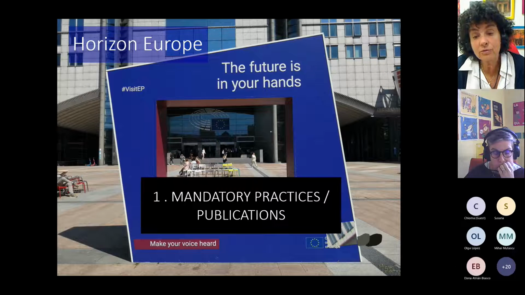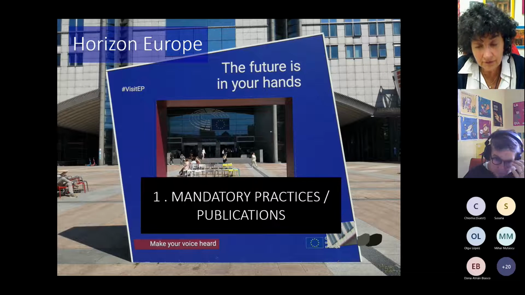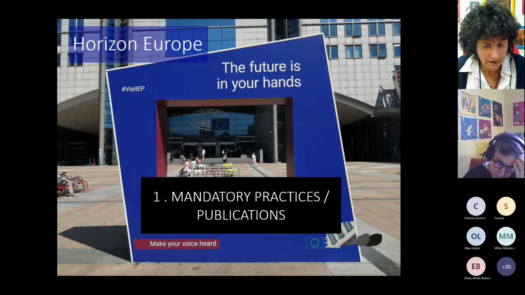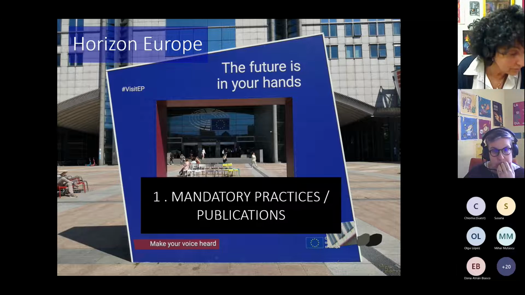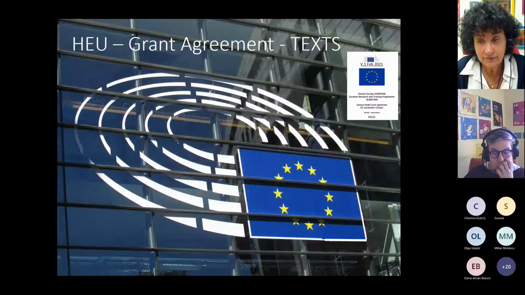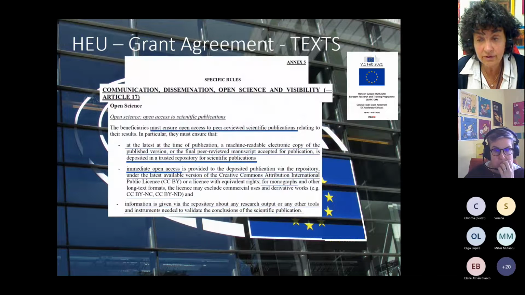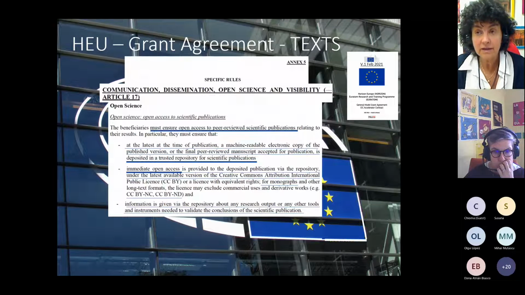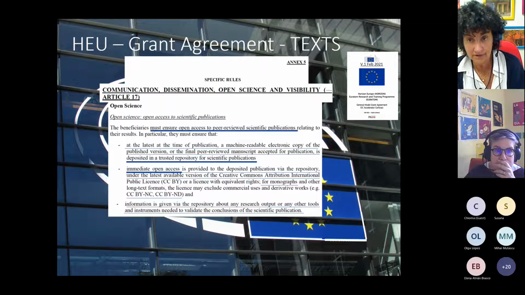So coming to mandatory practices. First of all, publications, and then after publications, we are going to have the break and the questions. Mandatory practices, publications. Here is the wording of the grant agreement. Never forget, please, that it's an agreement.